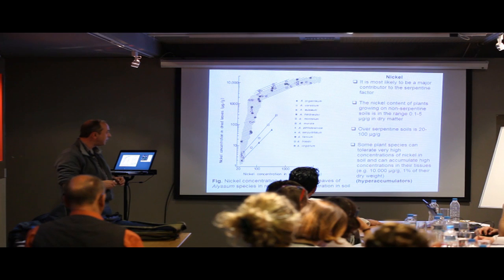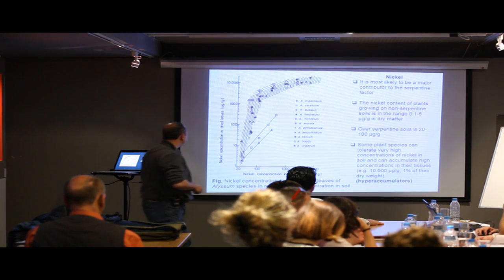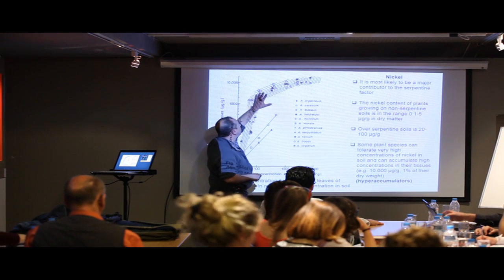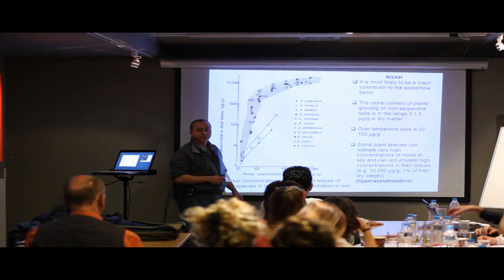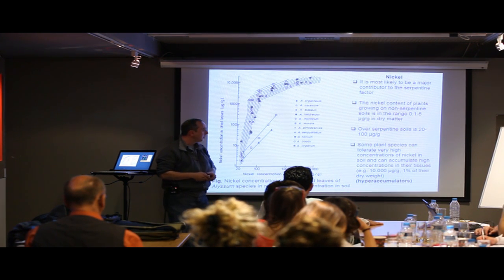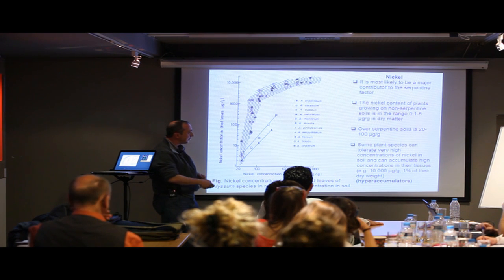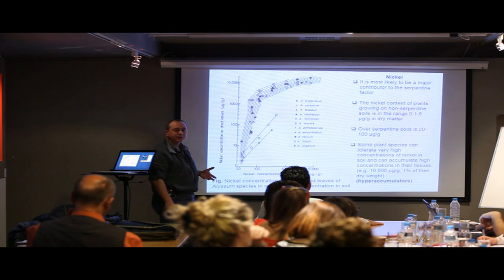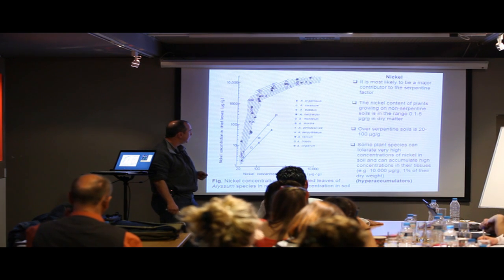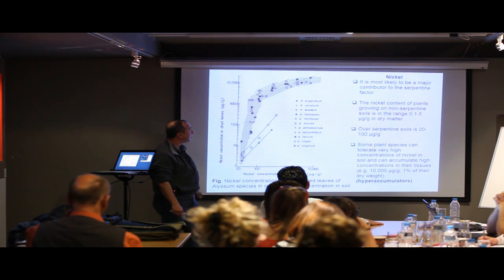There are also some other plants, shown in this figure, which can tolerate much higher nickel concentrations. For instance, they can concentrate about 10,000 micrograms per gram, that is 1% of their dry weight. These plants are called hyperaccumulators.